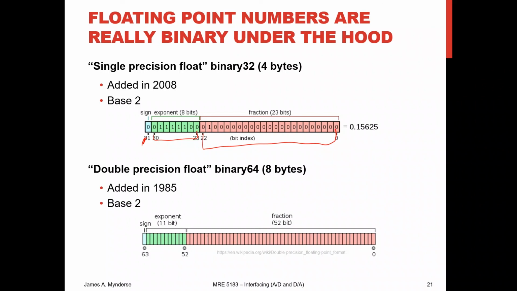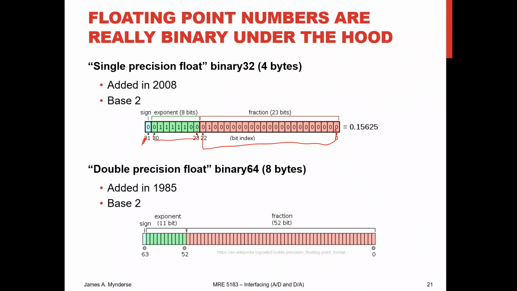In the double version, it's just more bits for each one of these. But that's how we represent our floating point numbers as binary. Now, again, we don't need to worry about that too much because the processors that we're dealing with and the compilers are going to do the magic for us, but it is actually binary numbers.